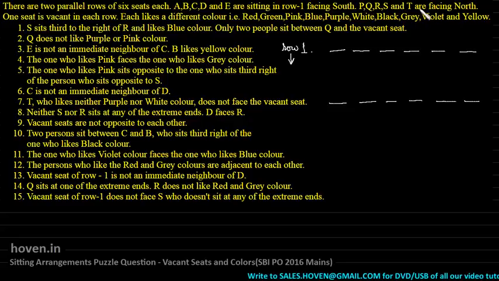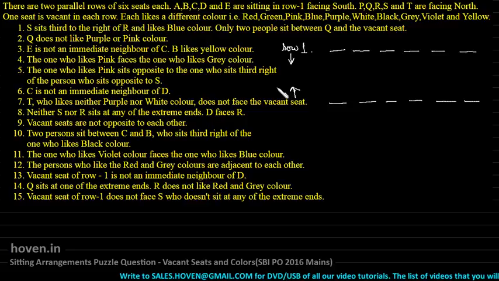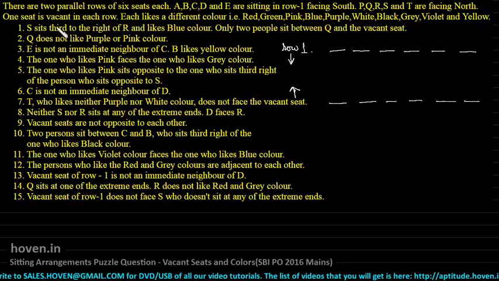P, Q, R, S, T are facing north, so all persons sitting in this row are facing in the north direction. One seat is vacant in each row. So this is the twist in this question. Such a thing was never seen earlier, but this is a welcome twist because it won't pose much of a problem for us.